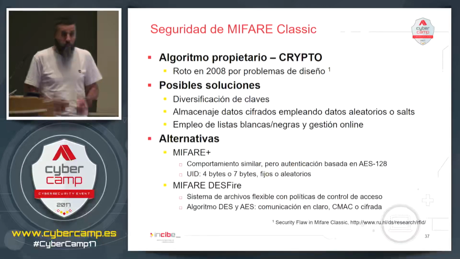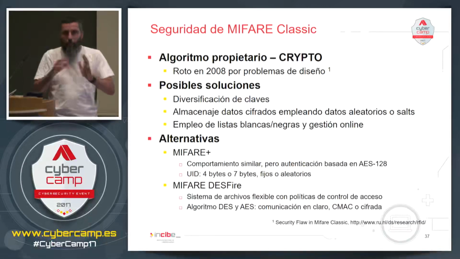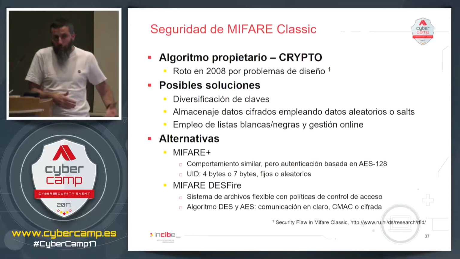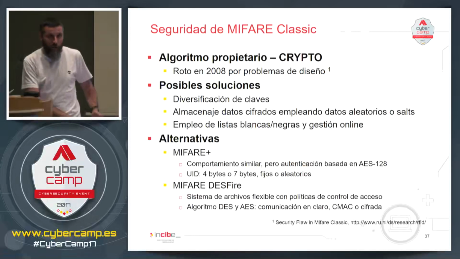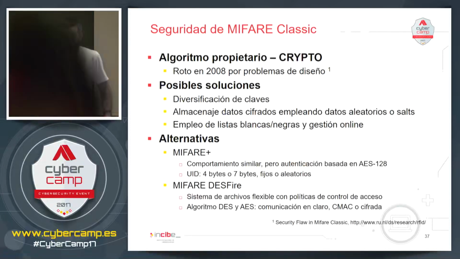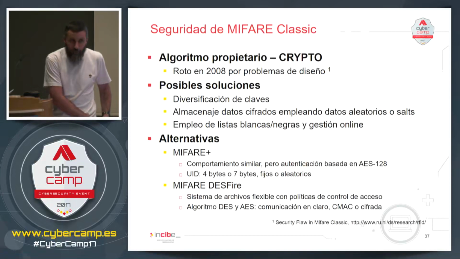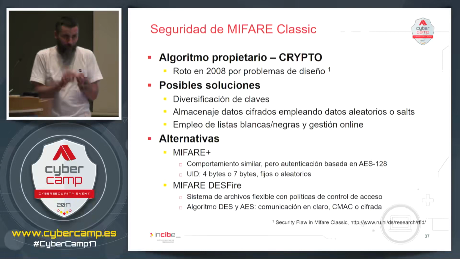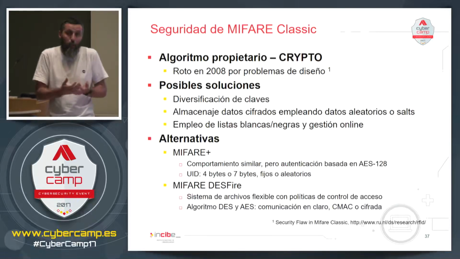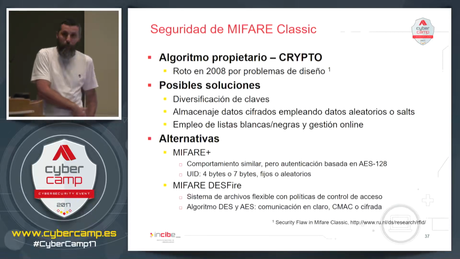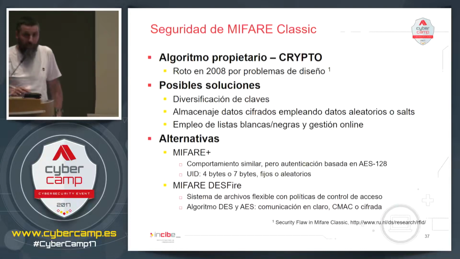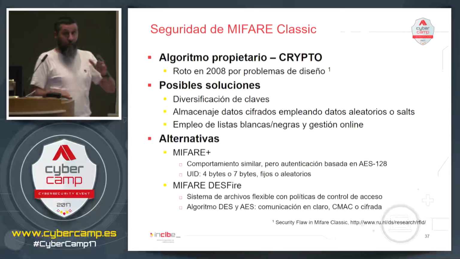If it reads my ID when I go near the reader, I can find a way to replicate it, and I go to the reader and I go in. But if the identifier that I get is random, then first I have to authenticate, and if I have to authenticate, I need the keys, and I can't get them that easily. You need a little bit more time. So you'd have to be near the reader for a while, and people would realize what you were doing.